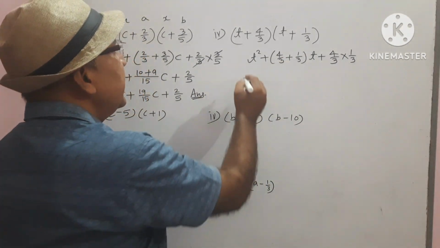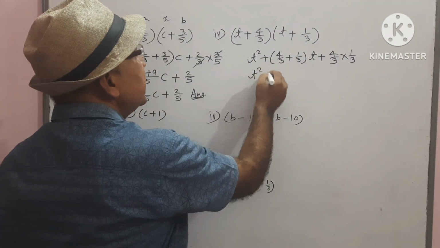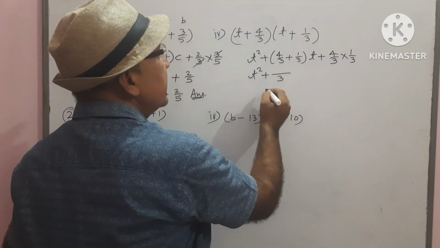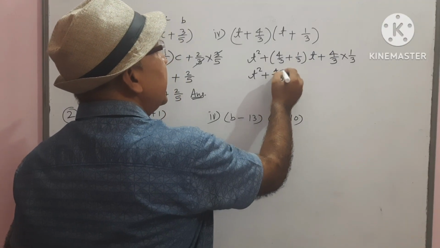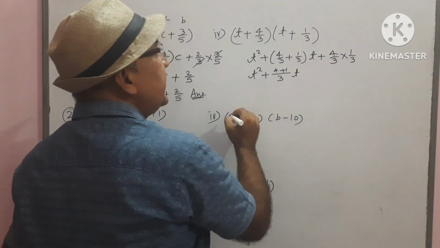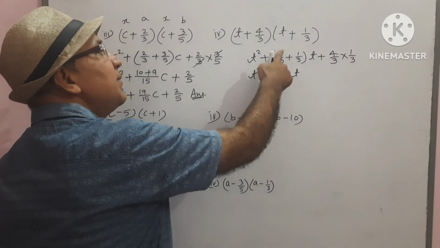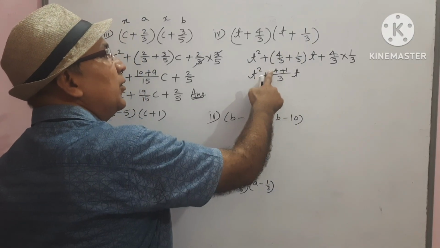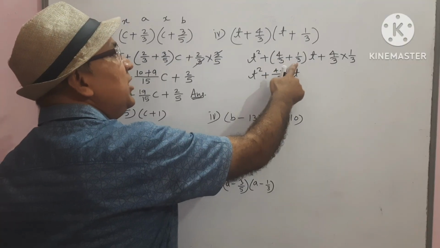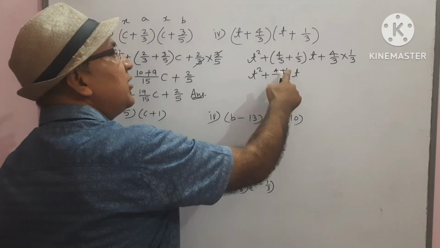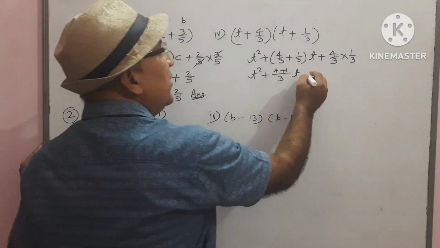Okay, now calculate it. This one is T square plus, to solve this you have to take the LCM 3. Then here you will get 4 plus 1 into T, because 3 is dividing 3 coming 1, 1 is multiplied by 4 becomes 4. This plus is copied here. 3 dividing 3 coming 1, 1 is multiplied by numerator 1, so we are getting 1 here.